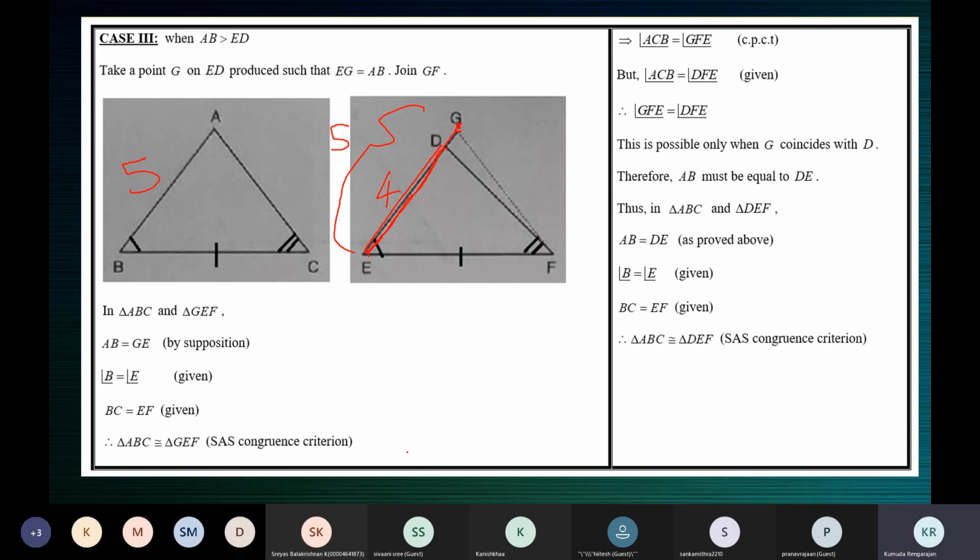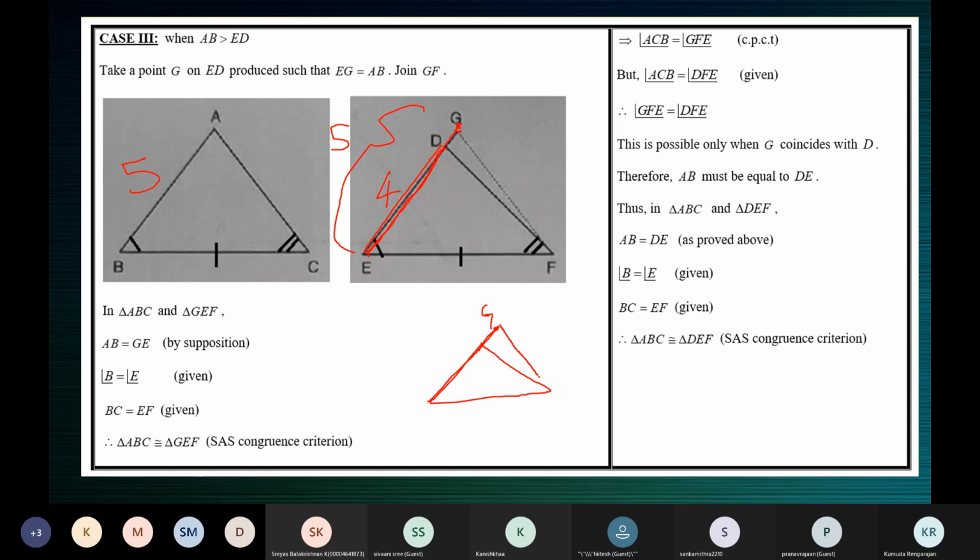Then join. It's like this. This is the triangle DEF. You produce this, and you take a point G here, such that this length GE is equal to this side AB. Now join this to get a triangle.